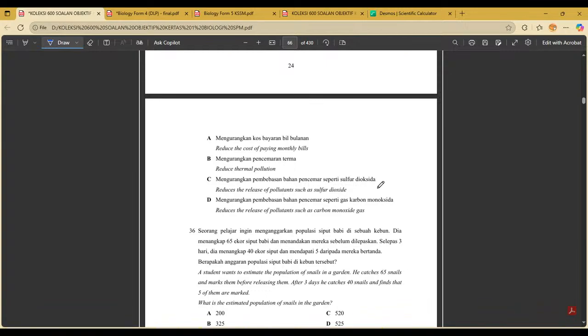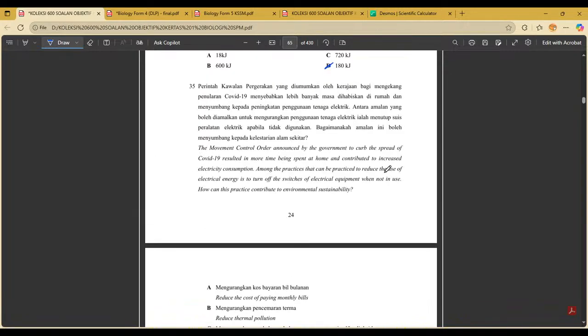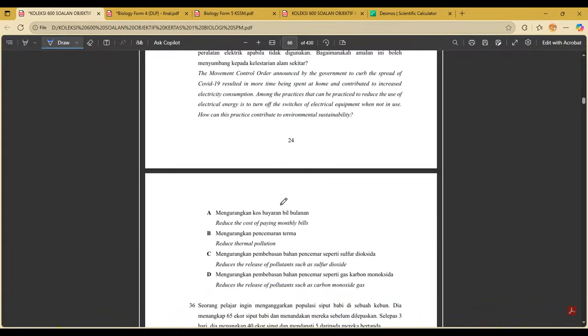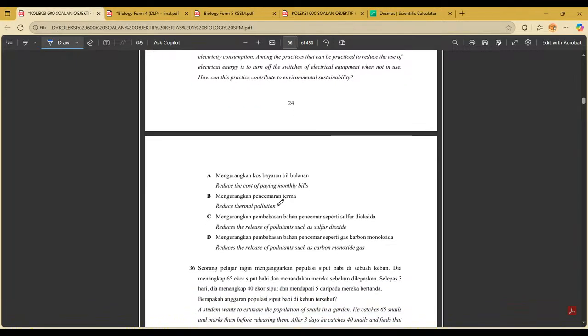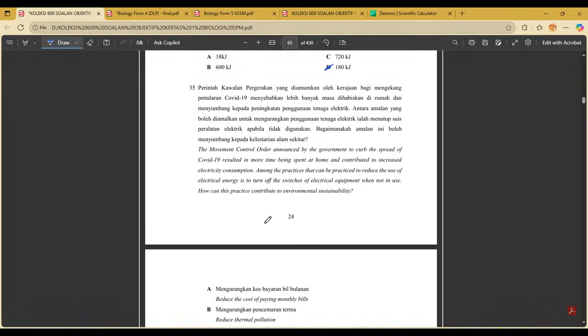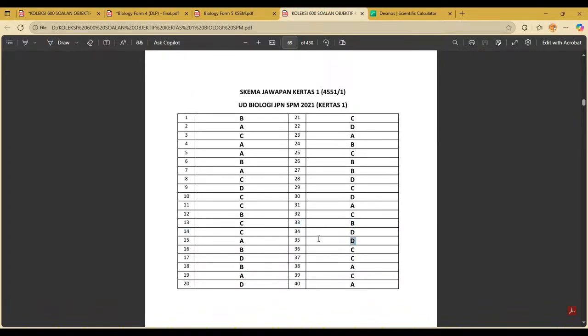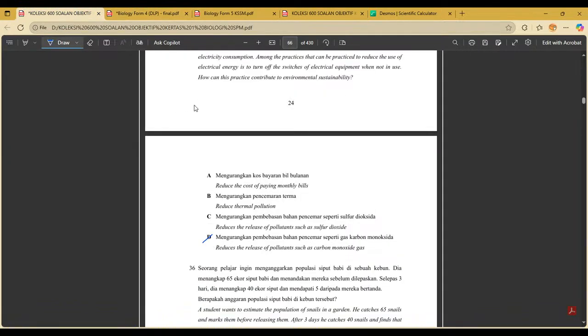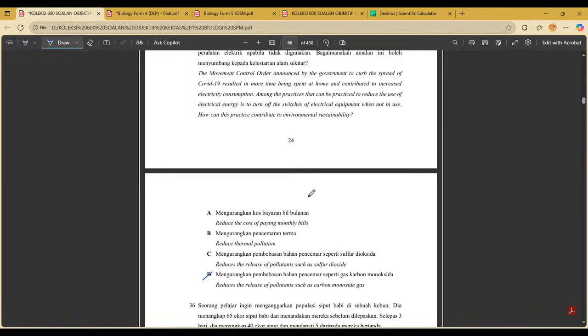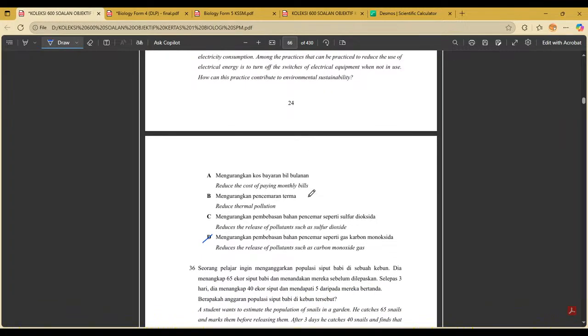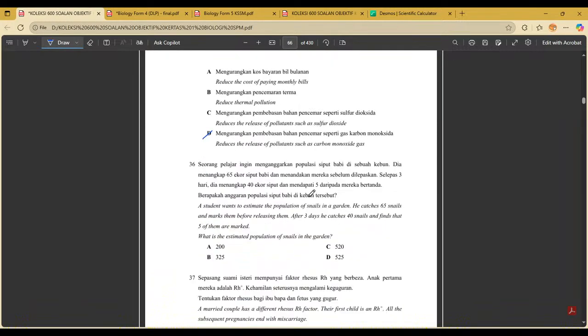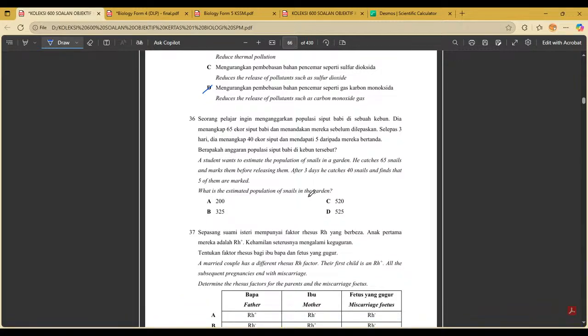It reduces carbon monoxide, maybe. B, yeah, because most power plants burn stuff and burning releases carbon monoxide when not burned in excess oxygen.